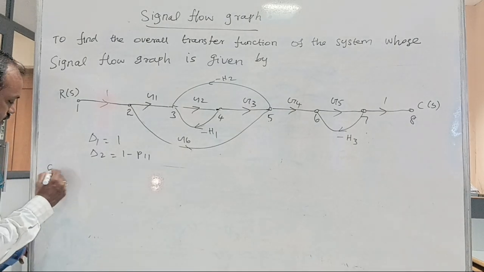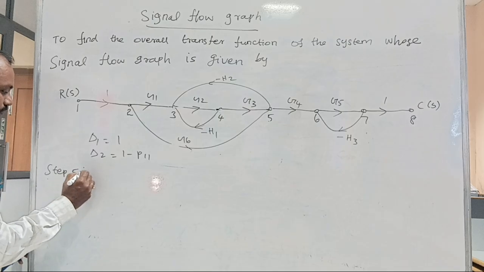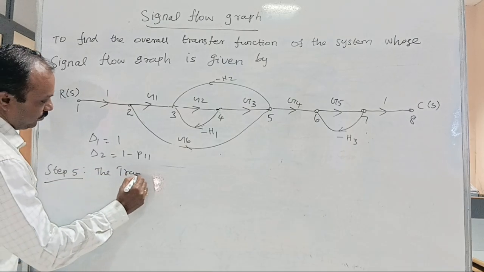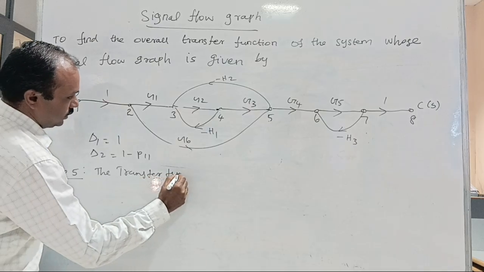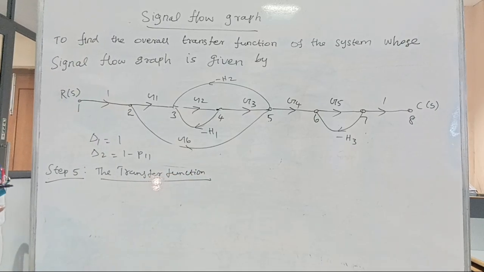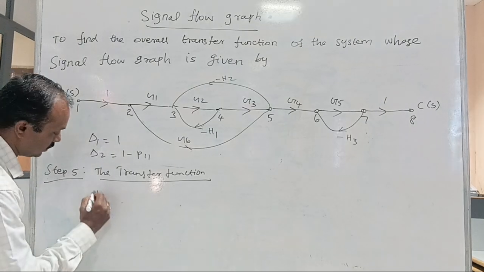Then the last step, step 5, is to find the transfer function of the system.